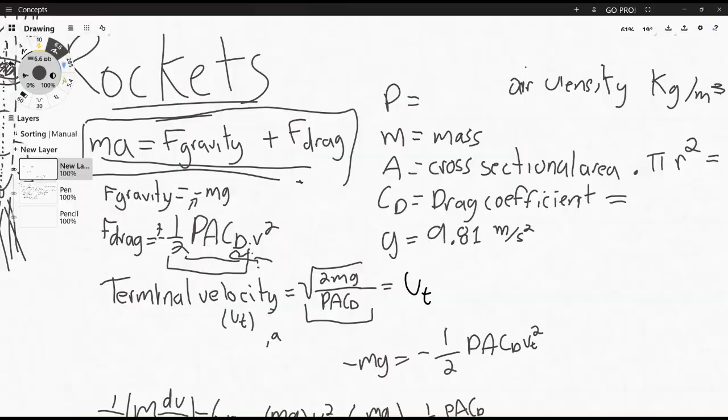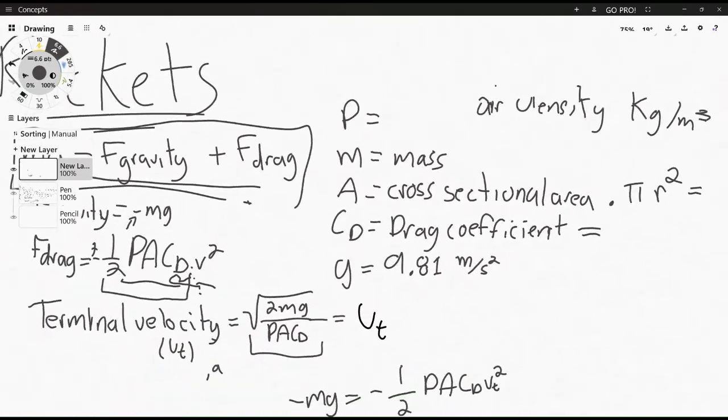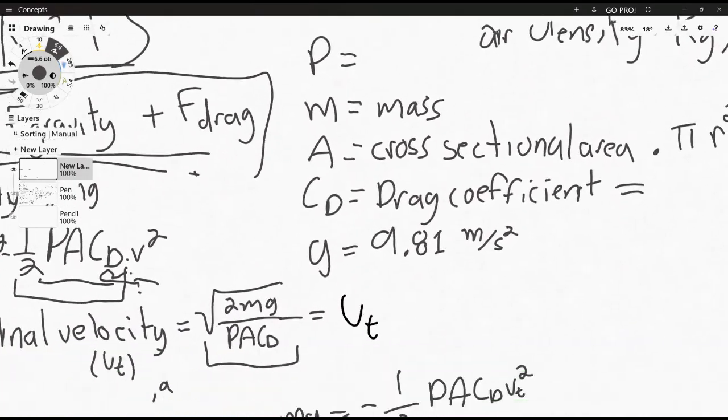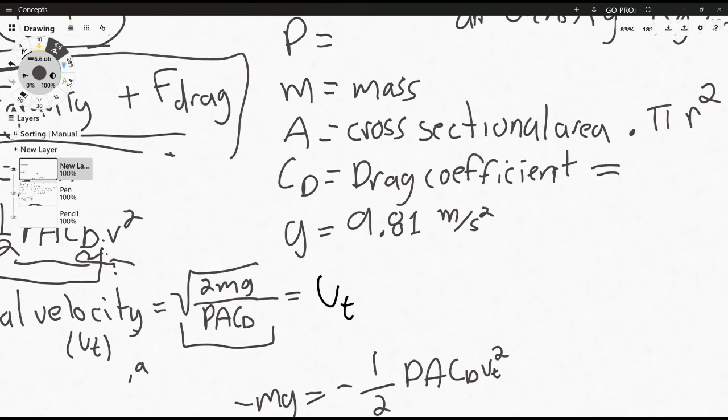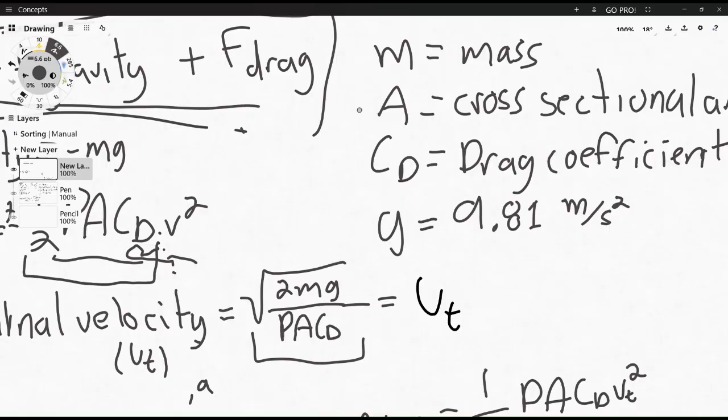The letters are specified here. So P is air density, M is mass, A is cross-sectional area, CD is the drag coefficient, and G is acceleration of gravity.